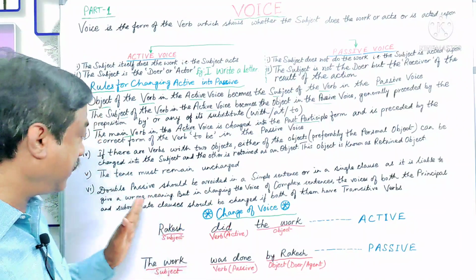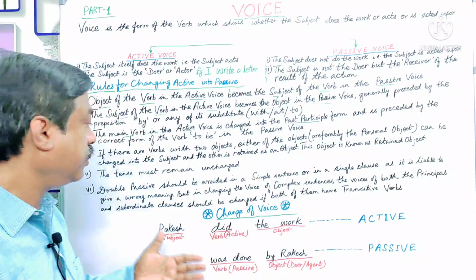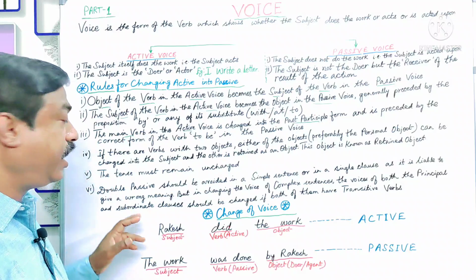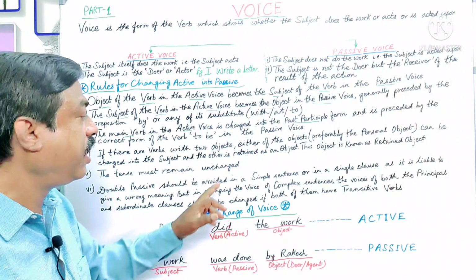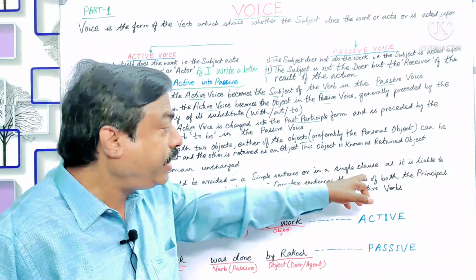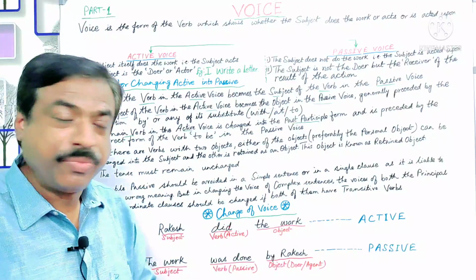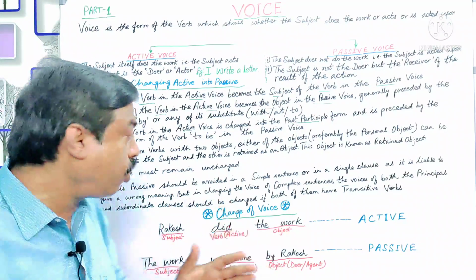Sometimes double passives are used, but in most cases we try to avoid the double passive in a simple sentence or in a single clause, because it is liable to give a wrong meaning.